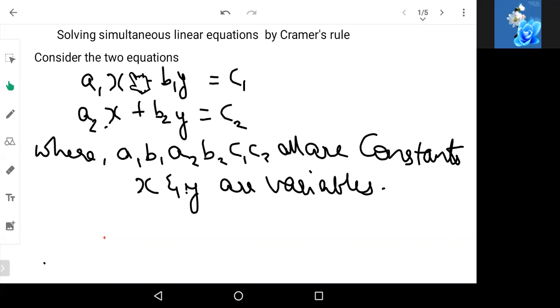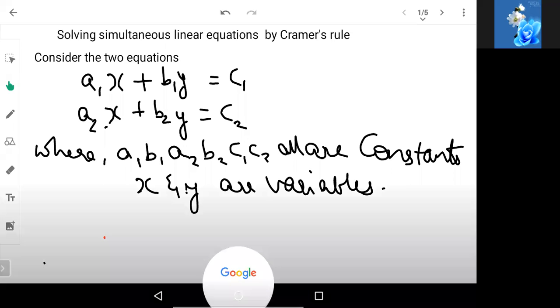So since it's the first equation, we have a1x plus b1y is equal to c1. c1 is the constant. And then for the second equation, a2x plus b2y is equal to c2. c2 is another constant. a1, b1, a2, b2, c1 and c2, all of these will be numbers in your problems.